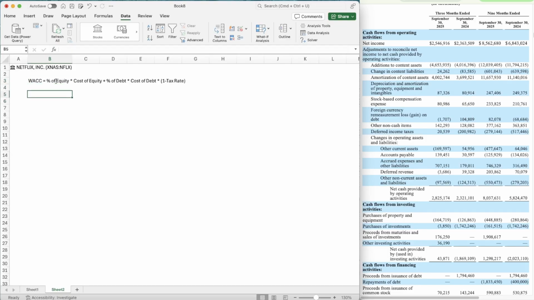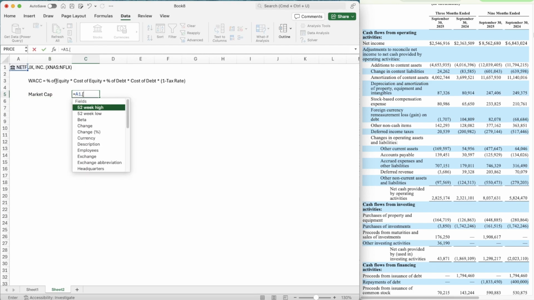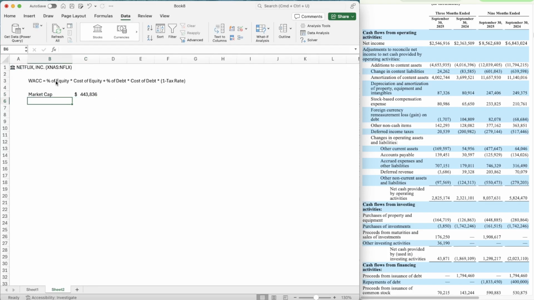And we just need a few line items for this. The first one is market cap. We can calculate this by going equals A1 dot, open your square brackets, market cap. Remember to divide by 1 million so that it fits in the cell and is in line with how we format it.